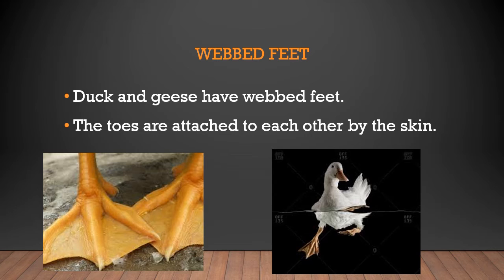The same action goes on inside the water. They keep pushing the water backwards with their webbed feet, which helps them to move forward in the water. When you see ducks or geese in water, it looks as if they are not making any effort, but they are paddling under the water.